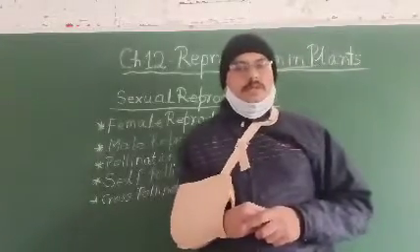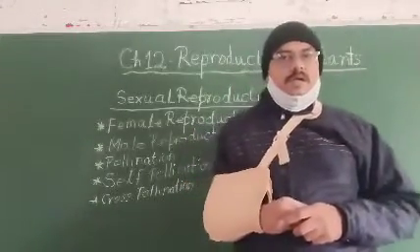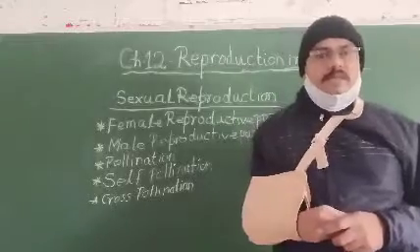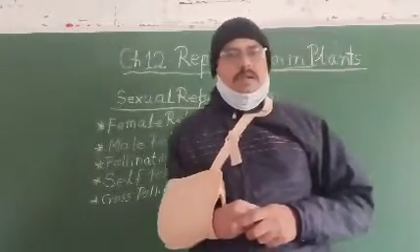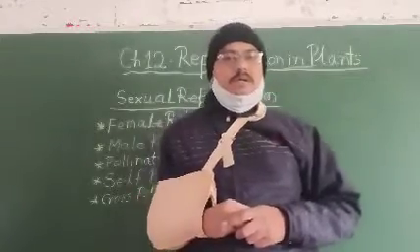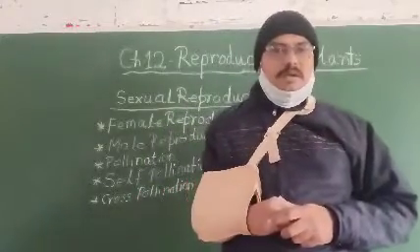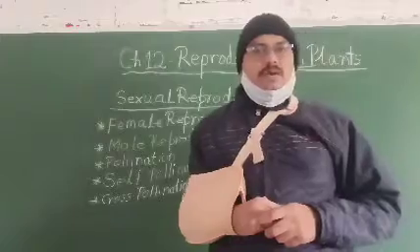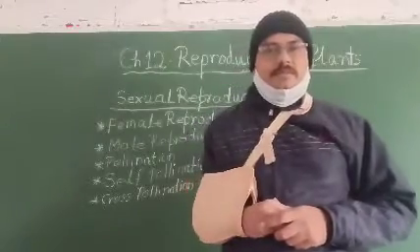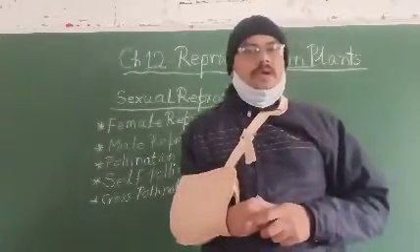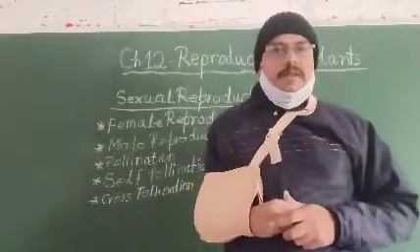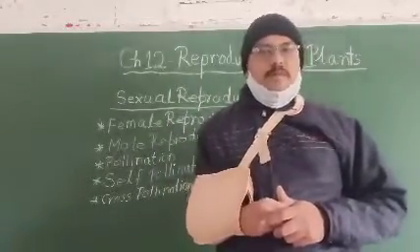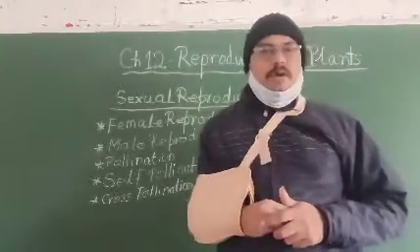Such reproduction occurs in the flowering plant, and the parts, or you can say the sex organs or gametes, that help reproduction in flowers are the male part and the female part, the male reproductive organ and the female reproductive organ.